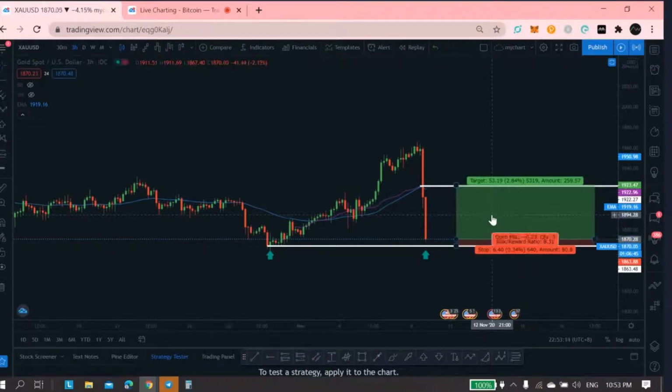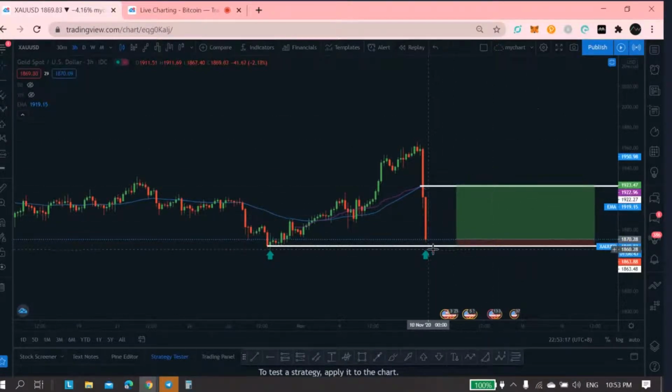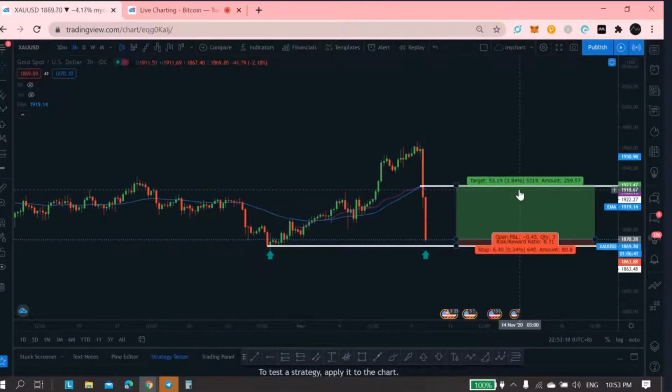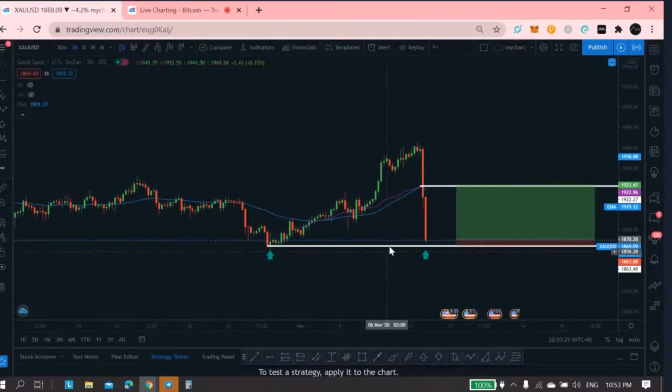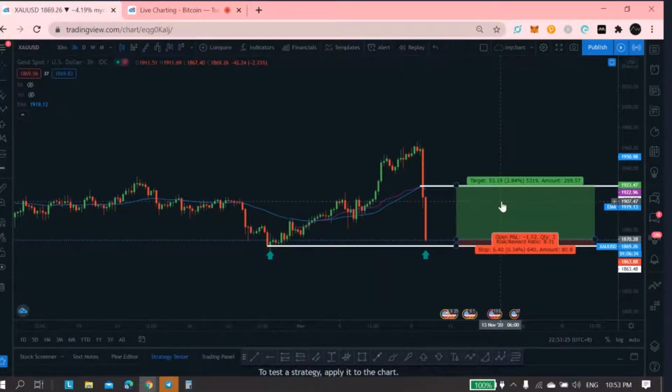But of course, if I got stopped out at 1863, I might possibly lose around 0.34%. So that's the risk reward ratio.